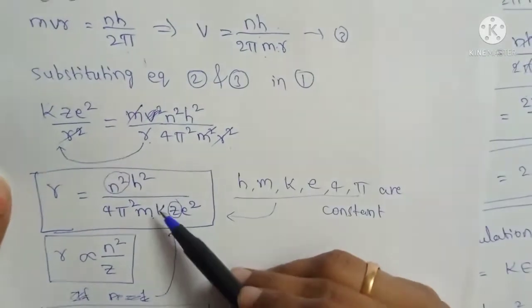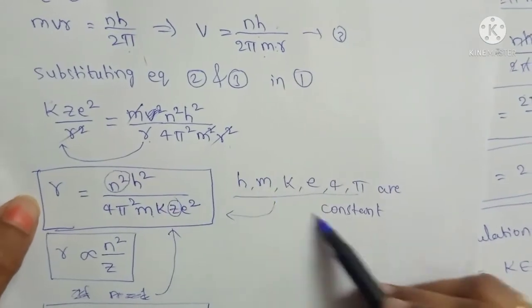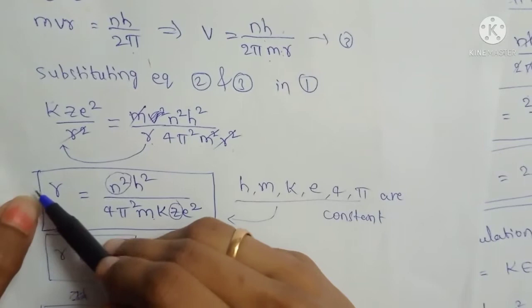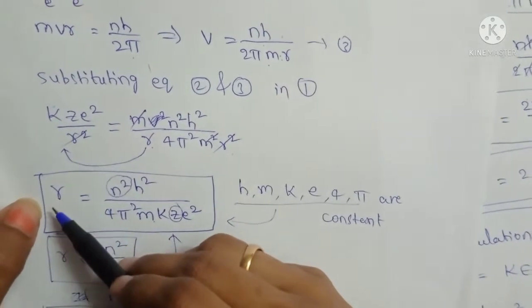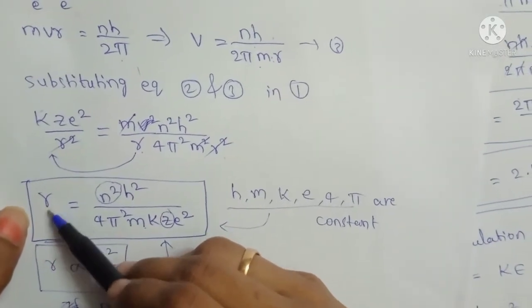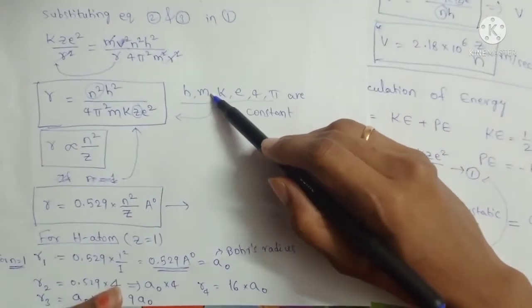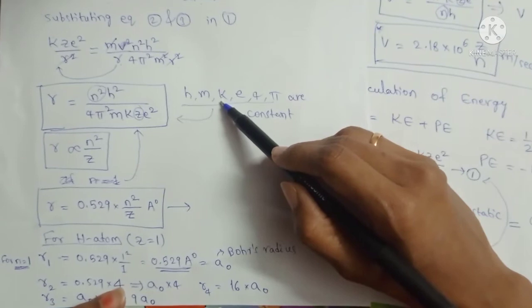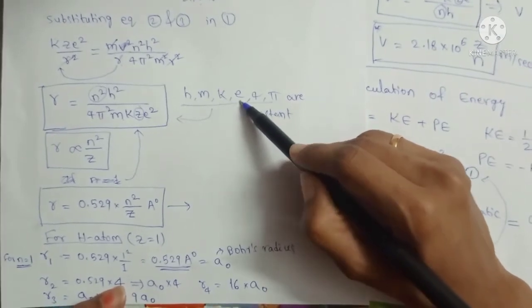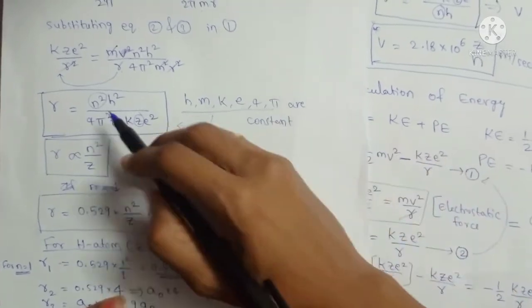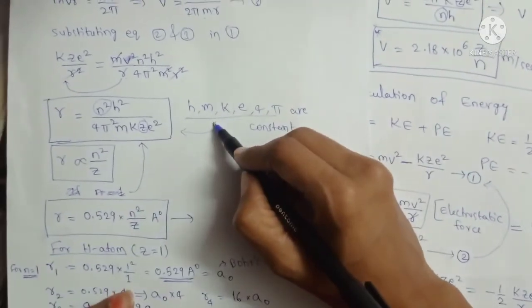We know that these are all constants, meaning they do not change with the changing radius. So what will change with the radius? By substituting all these constants, that is Planck's constant, the mass of the electron, the electrostatic constant K, and the charge E, we get a simplified equation.